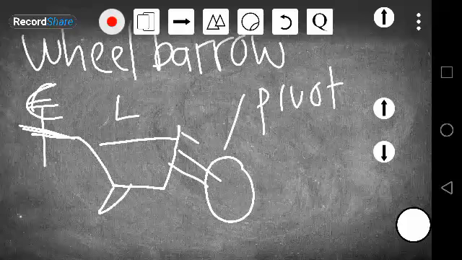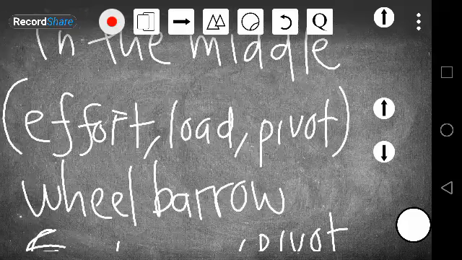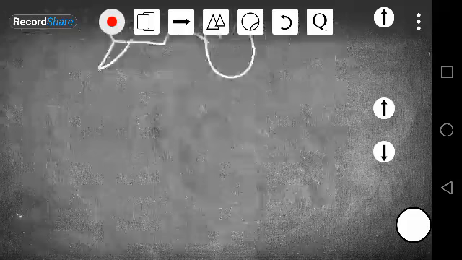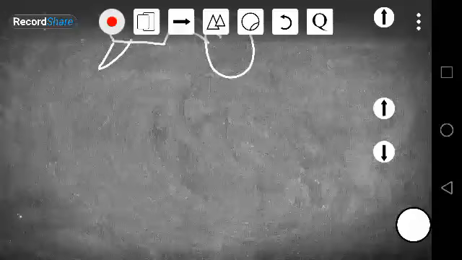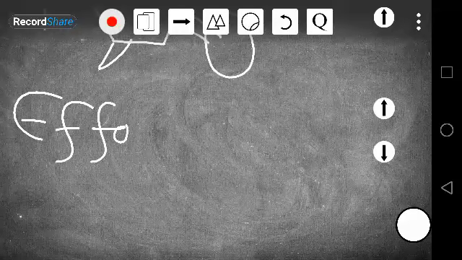So we have basically three types of levers. This one with effort, load, pivot. Then the other one has got pivot, effort, load. So the other type has got effort in the middle.